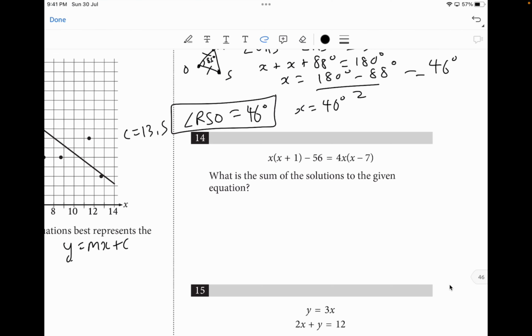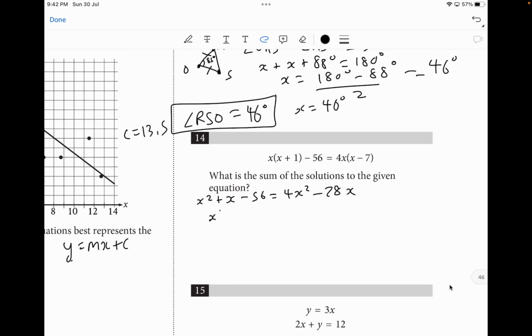Question number 14. What is the sum of the solutions to the given equation? So what we're going to do is we have to actually expand this. So it's going to become x squared plus x minus 56 is equal to 4x squared minus 7 times 4, that's roughly 28x.